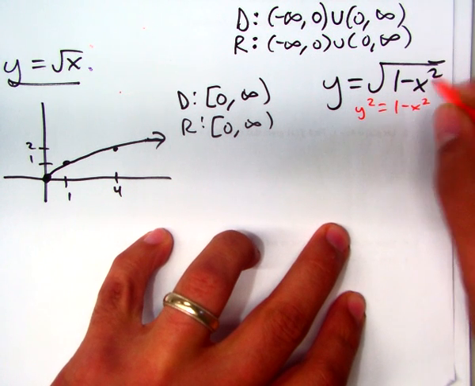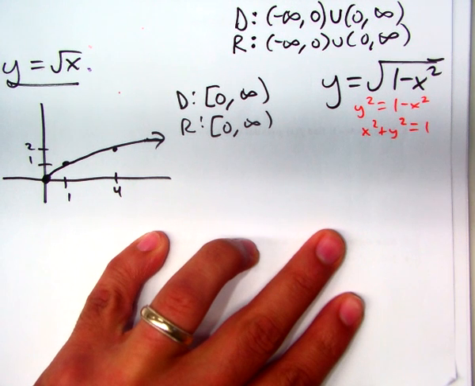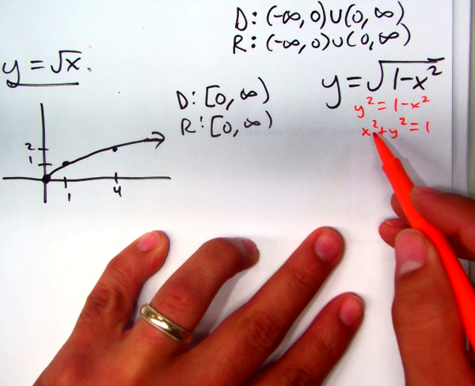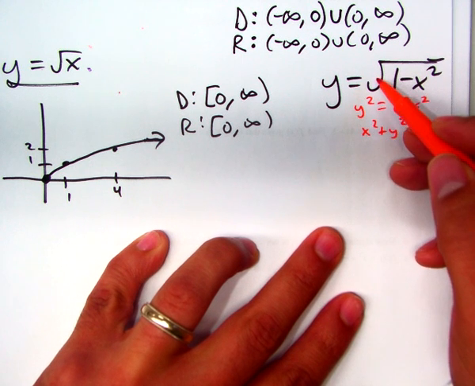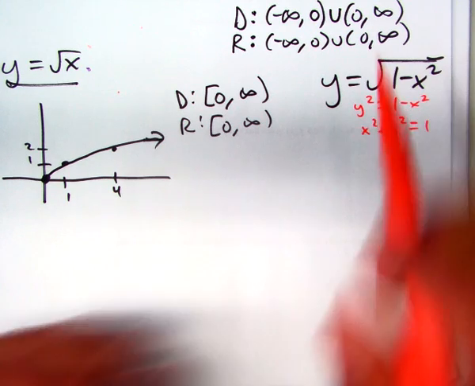If you move the x squared over, you get x squared plus y squared equals 1, right? What shape is this? Very good, it's a circle. The only problem is that these square roots are never going to be negative, right? So this is just the top half of a circle.